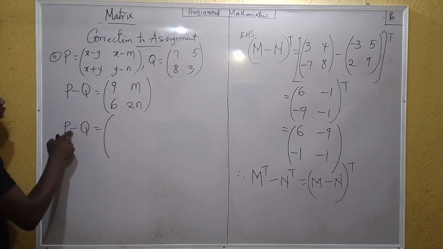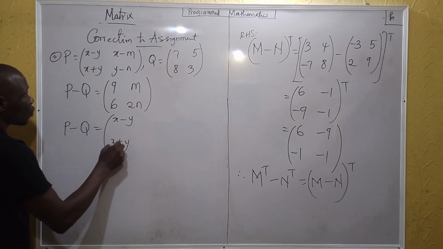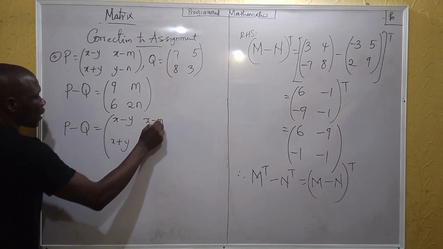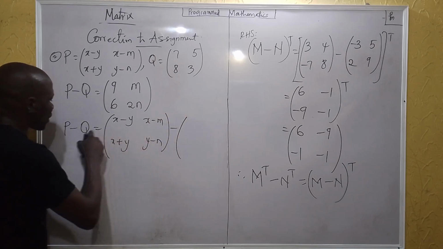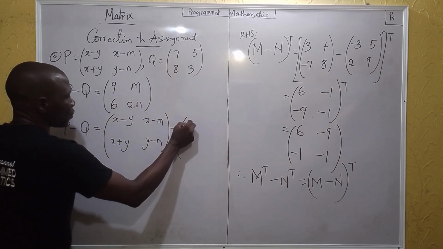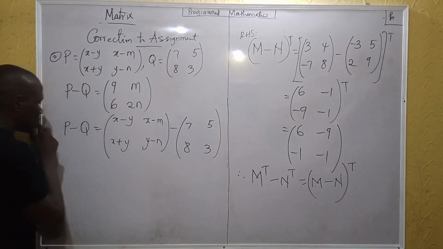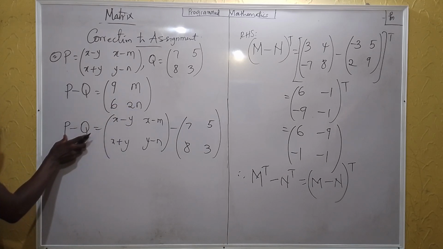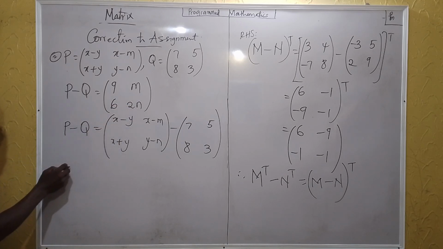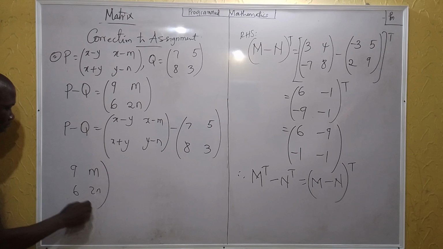So this will mean matrix P, x minus y, x plus y, x minus m, y minus n, minus matrix Q, 7, 5, 8, 3. Now this difference is given as this, so in place of P minus Q, let's put the matrix 9, m, 6, 2n.